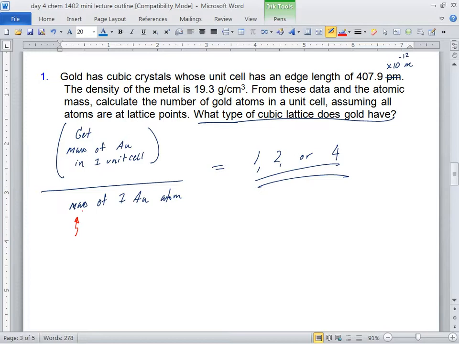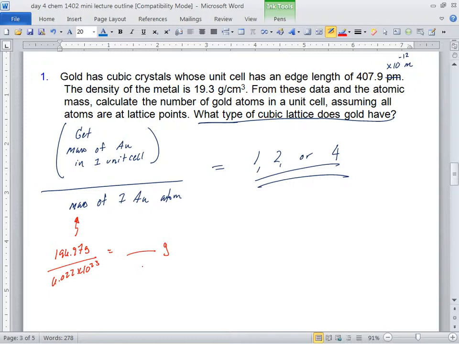That doesn't help. 79, there it is. 196.97. So we'll have 196.97 grams divided by Avogadro, and that'll be the mass of 1 gold atom. Might as well finish that one, right?